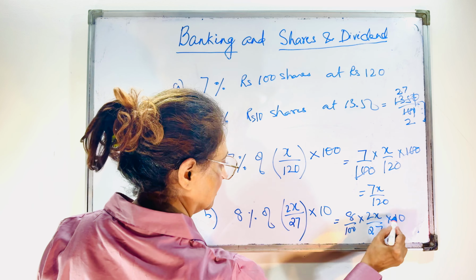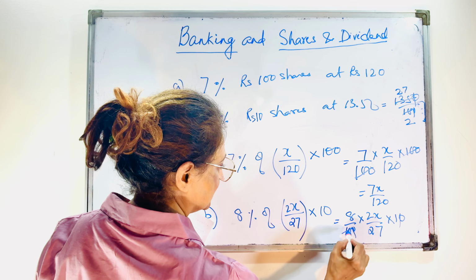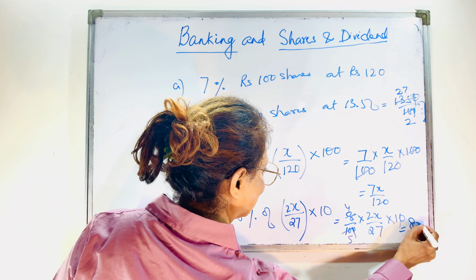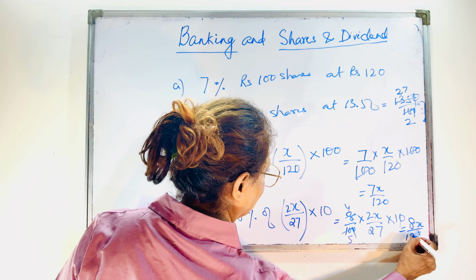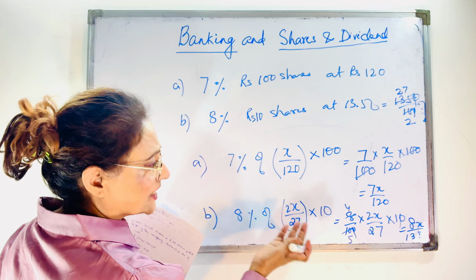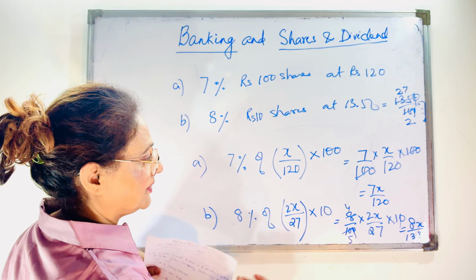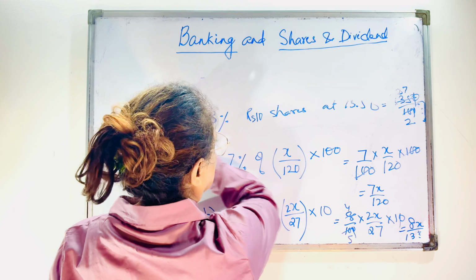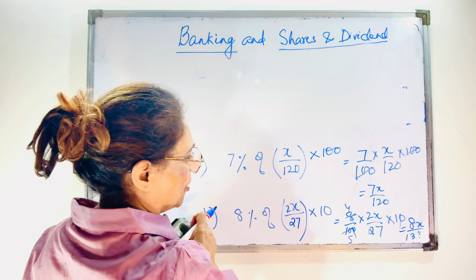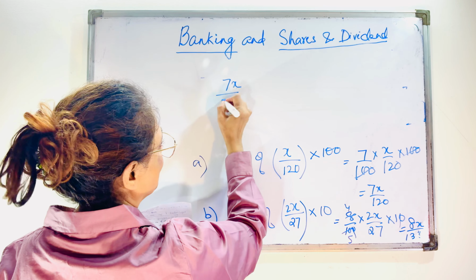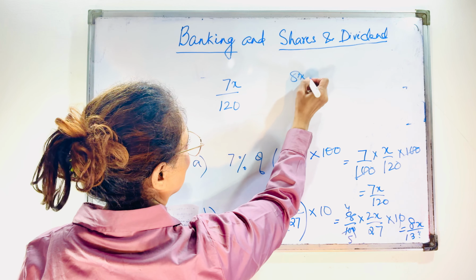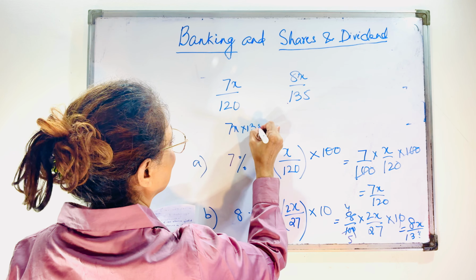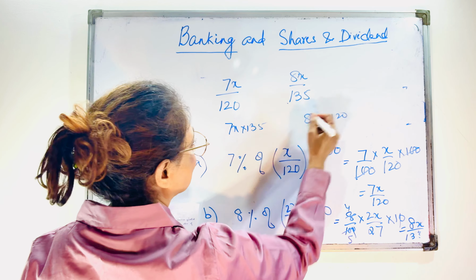How much is this? What do we get? 8x by 135. Now 7x by 120 is greater or 8x by 135? How do we compare two fractions? You may convert it to decimal if you want, but I would suggest multiplying 7x into 135 and 8x into 120 and see whichever is greater.